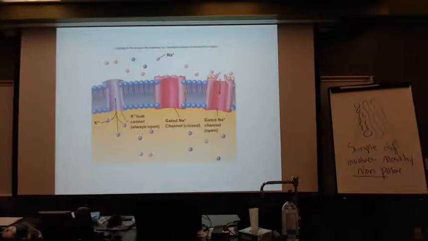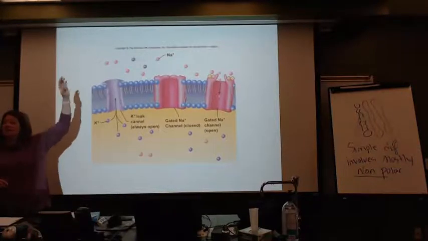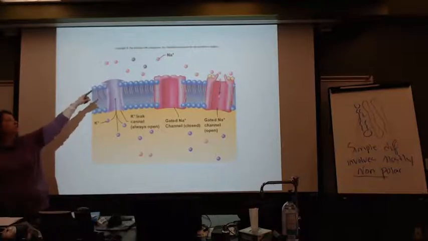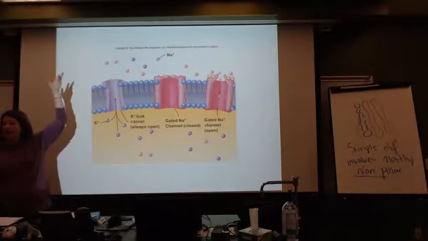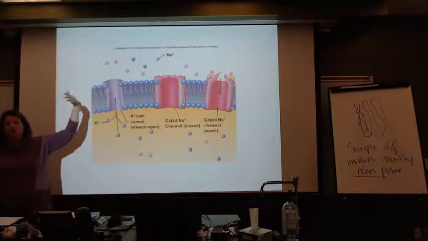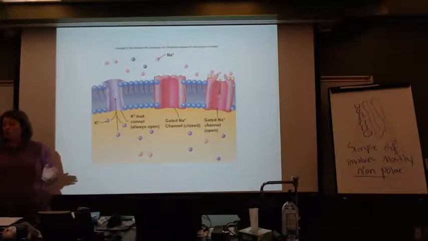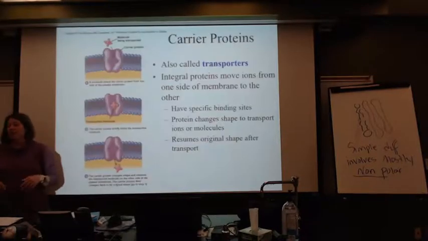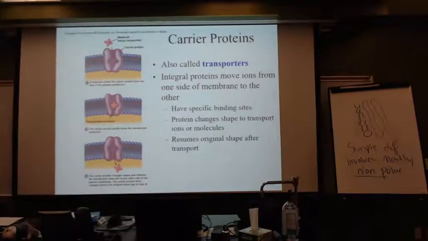So at that point, what we were talking about is how these ions, the pluses and the minuses, are going to move across the plasma membrane, especially in the nerve and the muscle, showing how it allows them to carry out action potentials.